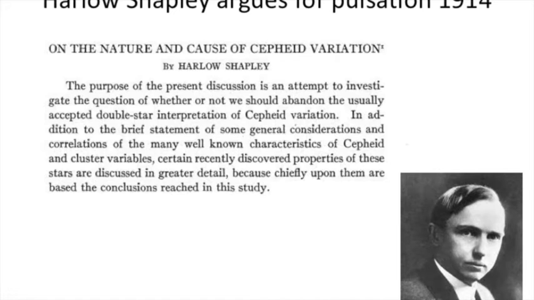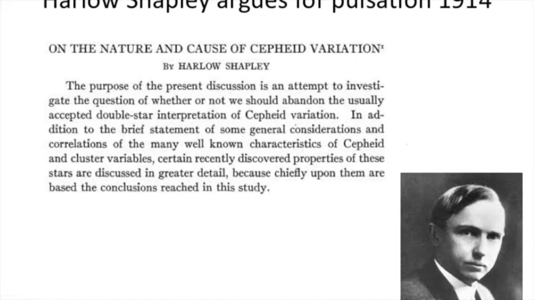And he says, looking at what we know about these Cepheid stars, they are giant stars. They are not dwarf stars. But if you look at the orbits that people have calculated under the assumption that Cepheids are orbiting stars, the orbits are so small that they'd be inside the body of a giant star. That didn't seem likely to Shapley. So he said, these have to be changing in brightness for some other reason. Cepheids may be pulsating stars.